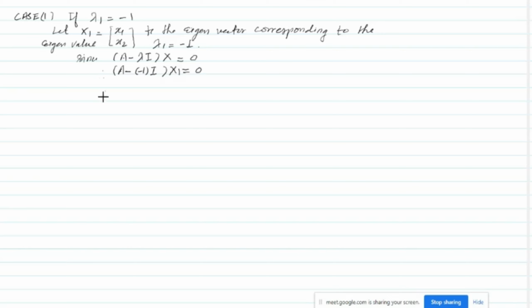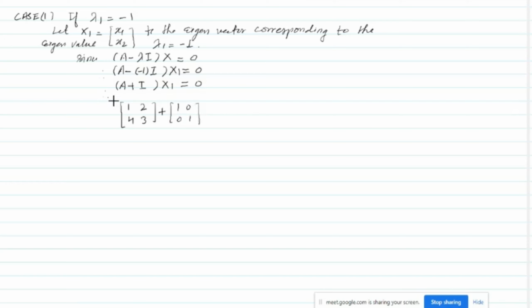Therefore we will have A plus I into x1 is equal to 0. Your matrix A is 1, 2, 4, 3, plus the identity matrix 1, 0, 0, 1.